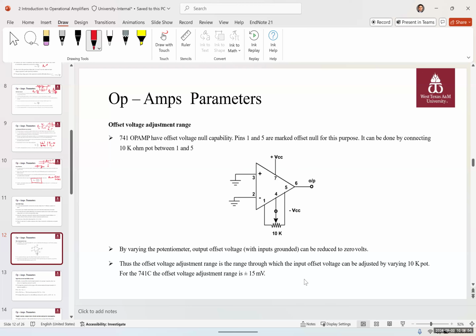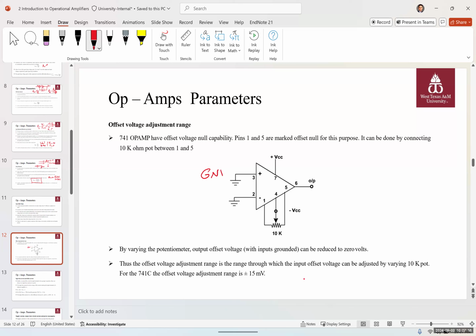And in this particular example, you can put a 10 kilo ohm resistor, a larger one is going to be better, between pins number 1 and 5, and by varying that, you can reduce the output voltage to 0 volts. As we see here, we have connected both the inputs to the ground, meaning it's 0 volts.